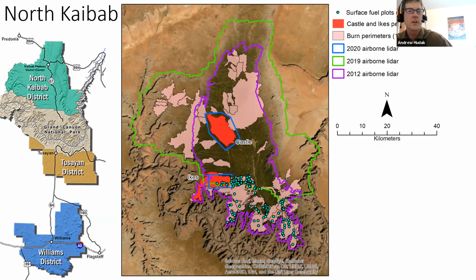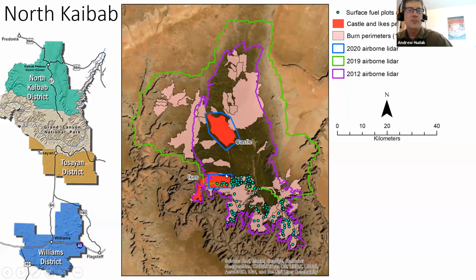A couple of things I want to note here. This map on the left is just the Forest Service website map, and you can see the North Kaibab district in green. That corresponds to the 2019 LiDAR collection in the lime green outline on our main map. Prior to that, there was a collection in 2012 in the purple.